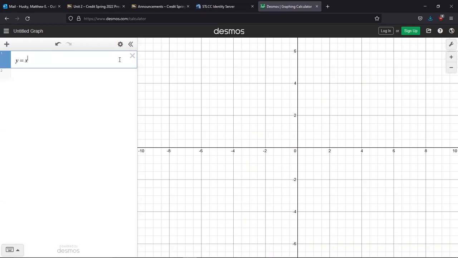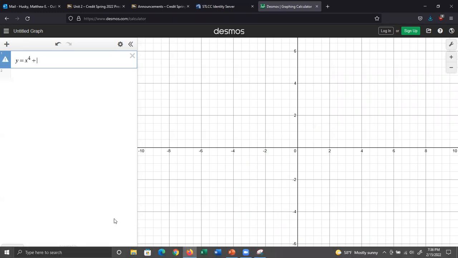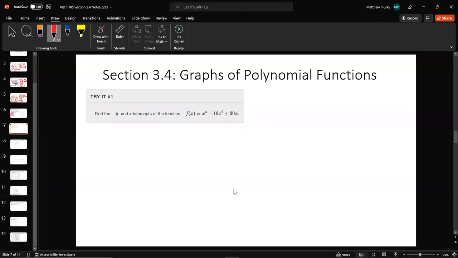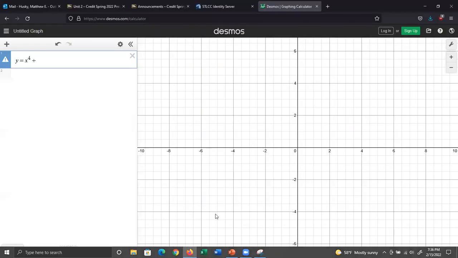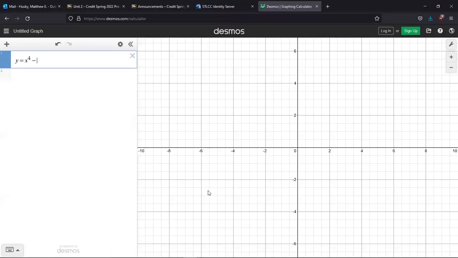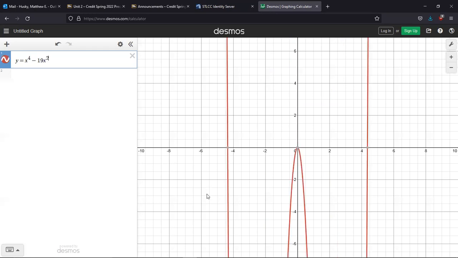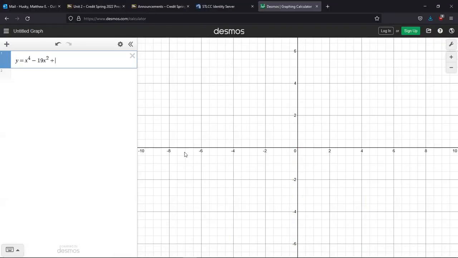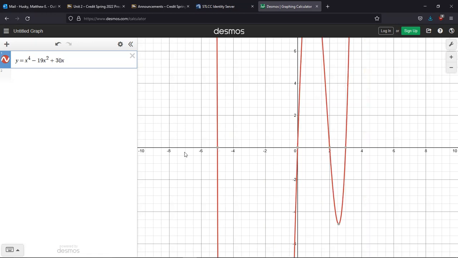We've got x to the fourth, minus 19x squared. That's one wacky looking graph there. And then plus 30x. All right, how about that?